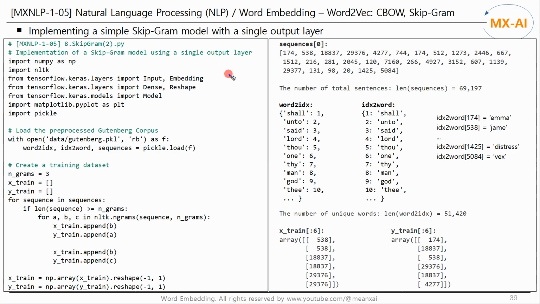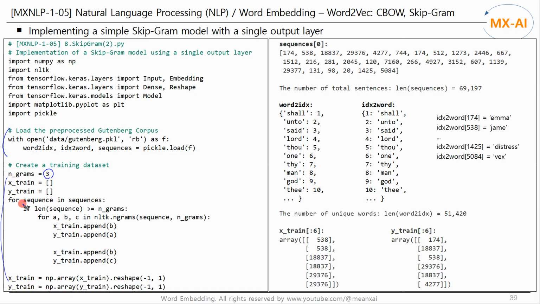Next, let's implement a skipgram model with a single output layer. Load the preprocessed Gutenberg corpus and create a training dataset. As with the previous code, we use the trigram model.